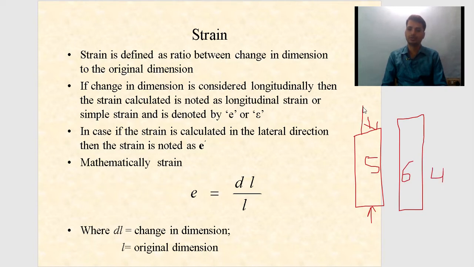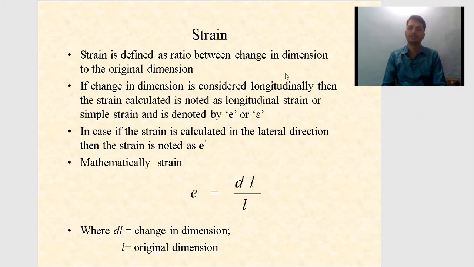If I give a tensile load or tensile stress, it may come to 6 mm. The change of length from the original length is called strain. I hope you understand.